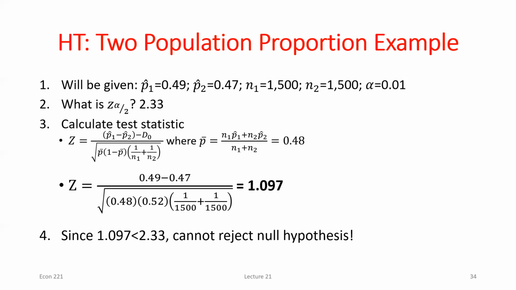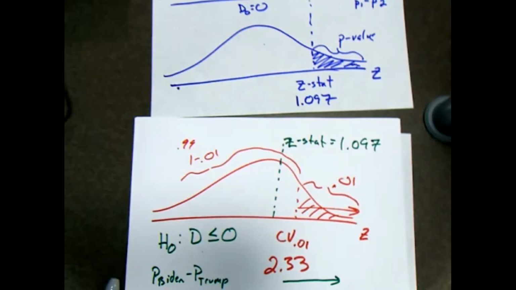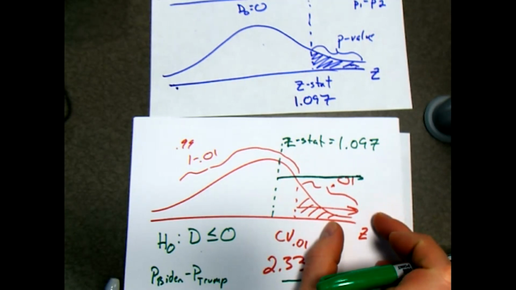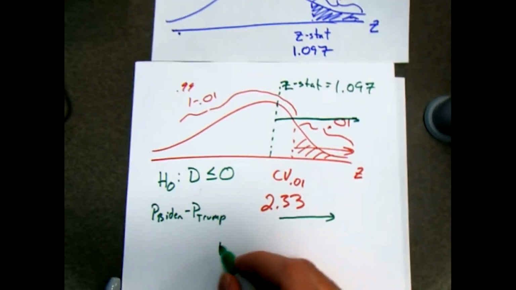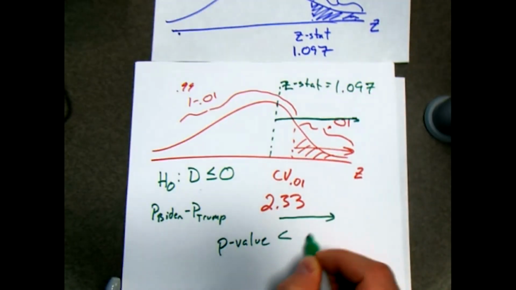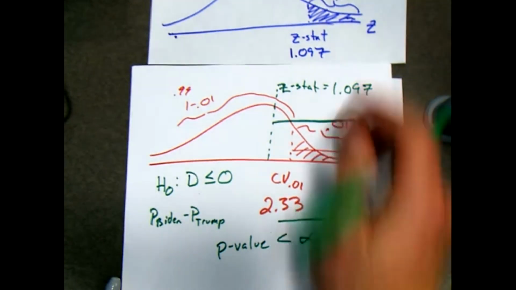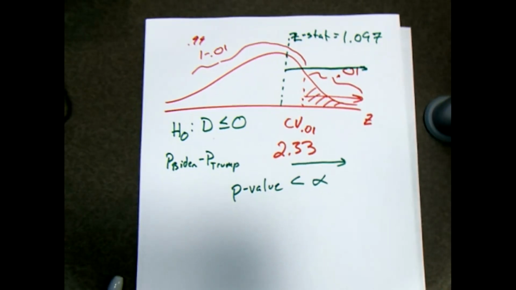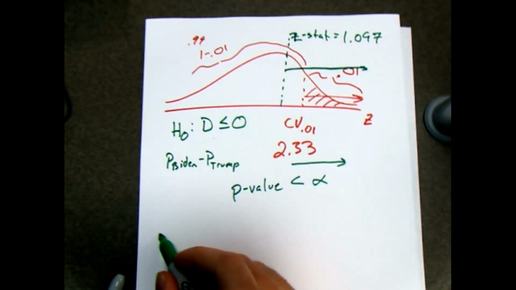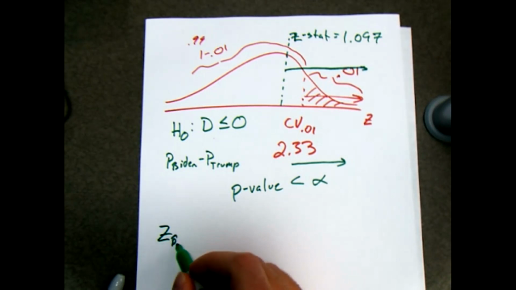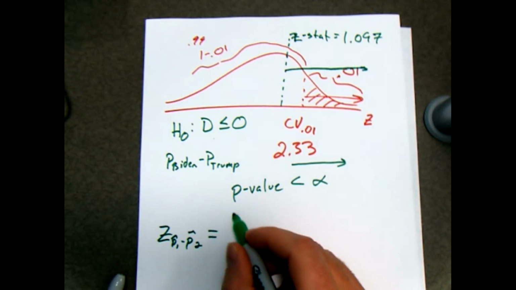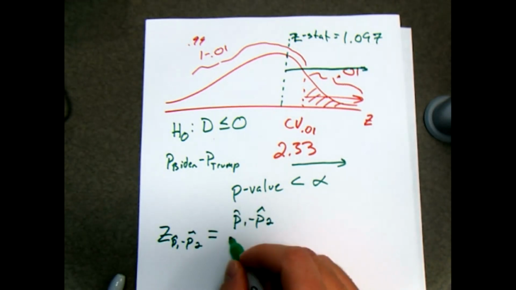A higher test statistic means I'm going to get a smaller p-value. The smaller my p-value gets, the more likely it is to be less than alpha. We'll start thinking through these lines of logic with hypothesis testing. I'm going to write this out so I can make this point, because I think it's important. So here is our test statistic equation.